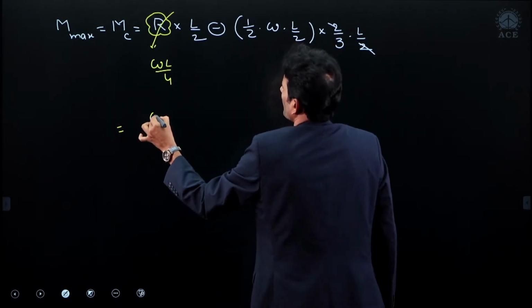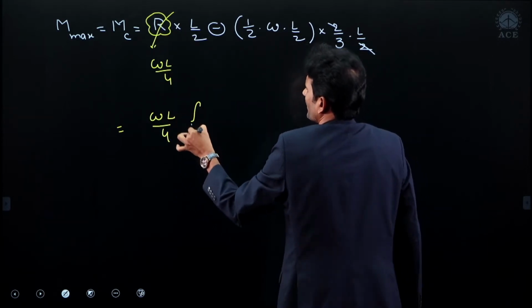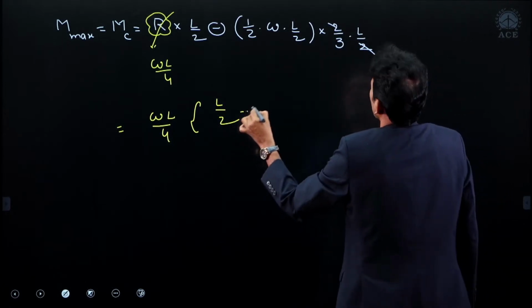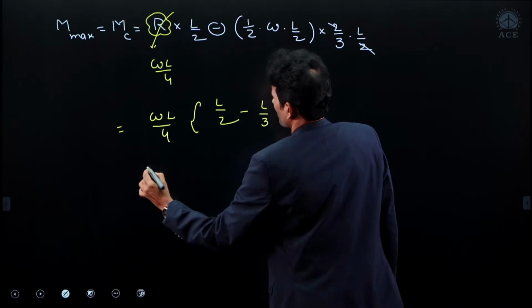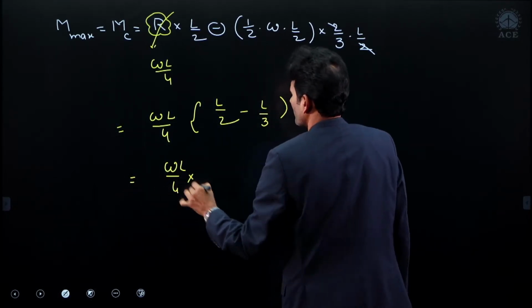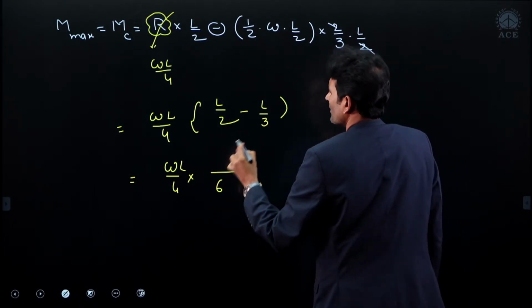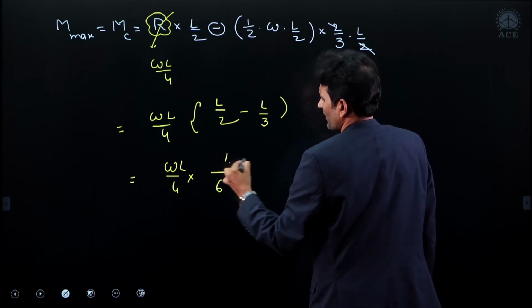Simplify this one. Omega L divided by 4 into L by 2. This also gives me minus L by 3. Got it? 6. Omega L divided by 4 into, simplify this one, 2 3s are 6, L by 6.